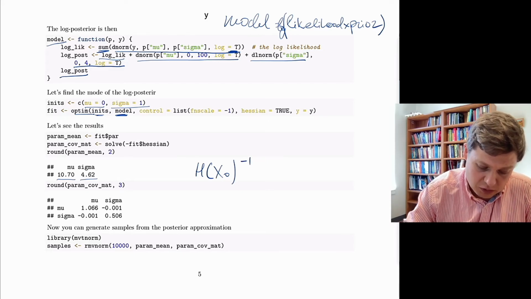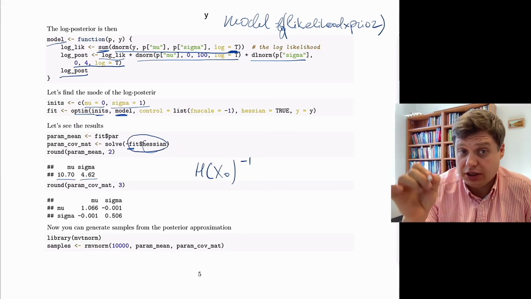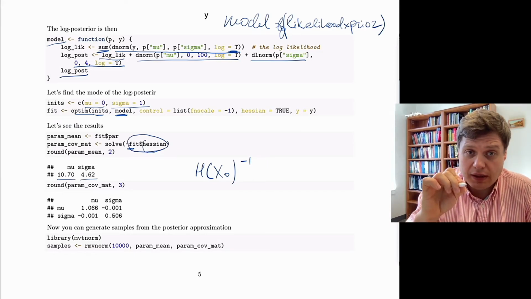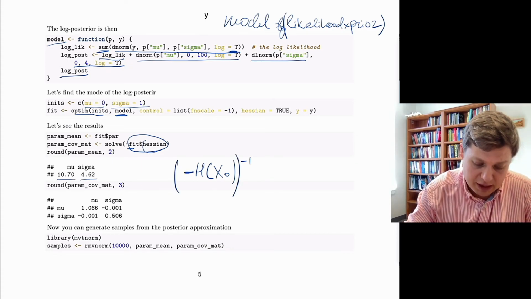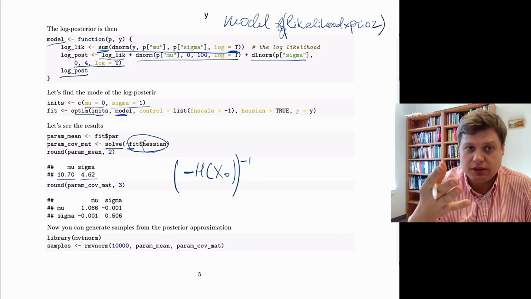And so that's what we do. The optimization function finds the Hessian for us, and fit Hessian is the value of the Hessian at the maxima, and actually it's minus this inverse. And then solve basically does the matrix inversion for us.